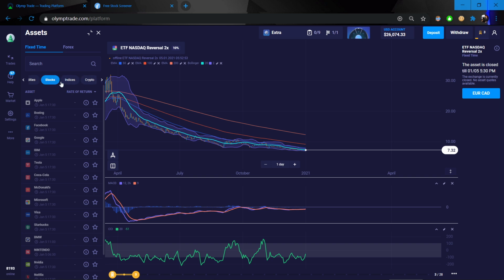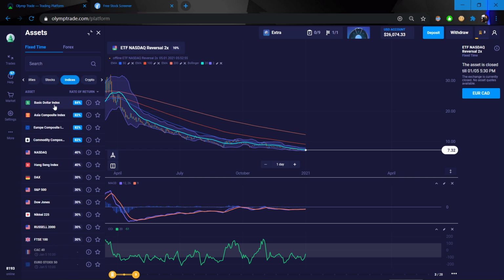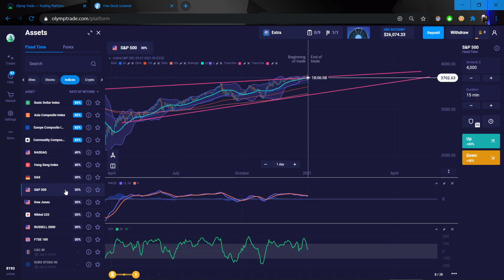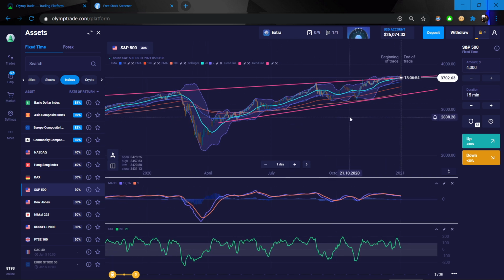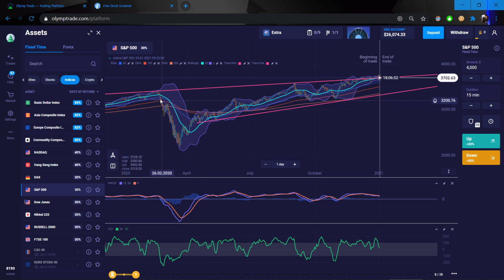Now let's talk about indexes or indices. One of the main gauges of investment success in the world of investing is whether you do better or worse than the S&P 500. Judging from right here, from 34 to 37, it's only a few dozen percent that we grew.